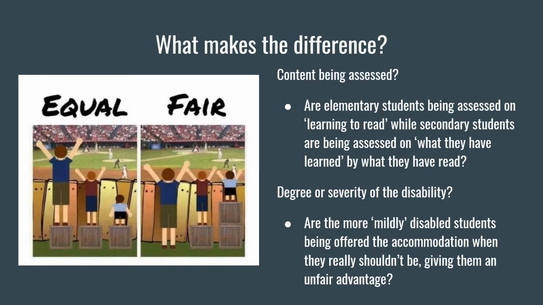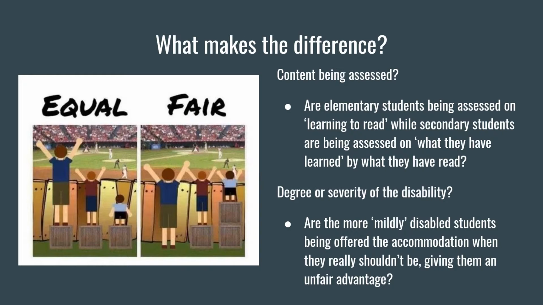Is it because the content that's being assessed is different? Are the elementary-age students being assessed on their ability to learn how to read? Of course they're going to score better because that's what they're being assessed on, while the secondary students are being assessed on what they have learned by what they have read. And so it's just more of a little boost in their ability to access that content without changing what they're being assessed on.